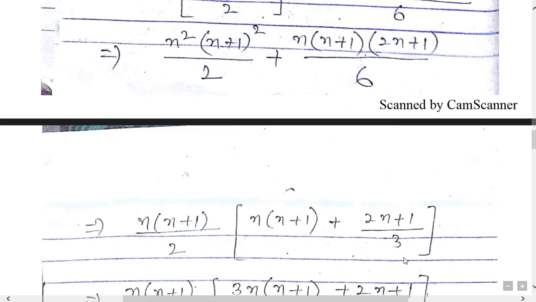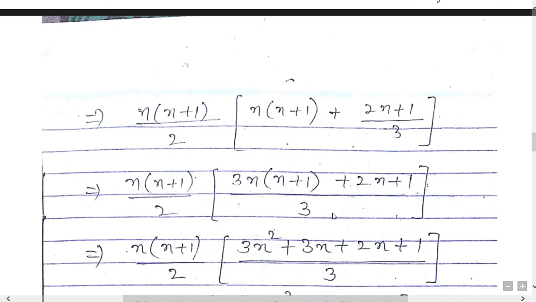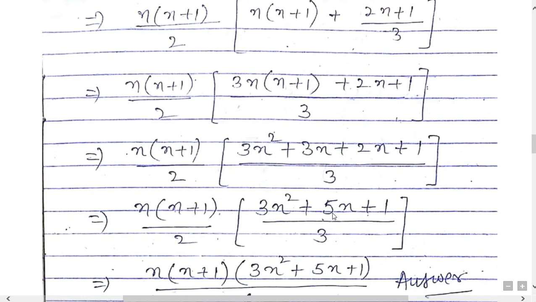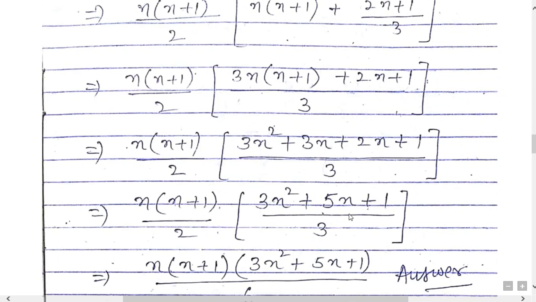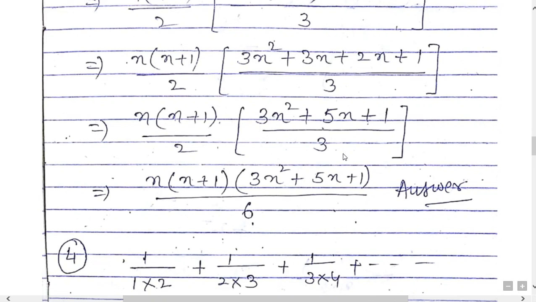Here 6 is there, it's only 3. Then you can take LCM. After taking LCM, the numerator is 3n square plus 5n plus 1. It's not factorized. It means here is the answer, n into n plus 1 into 3n square plus 5n plus 1 divided by 6. You can multiply the terms in the denominator.